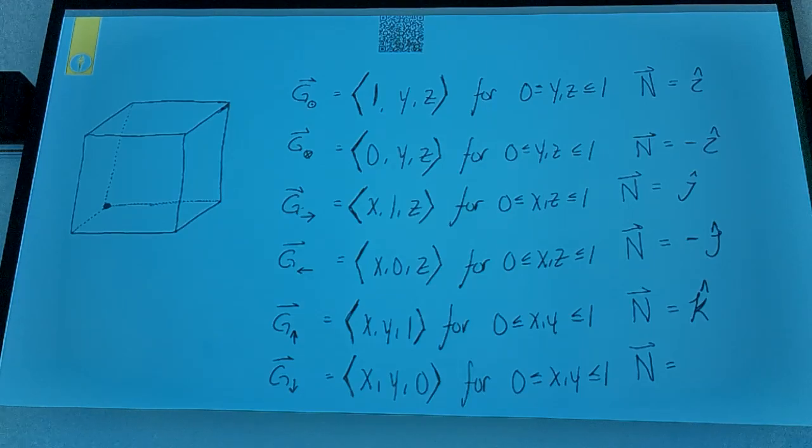Negative k. The total outward flux is a closed surface integral.